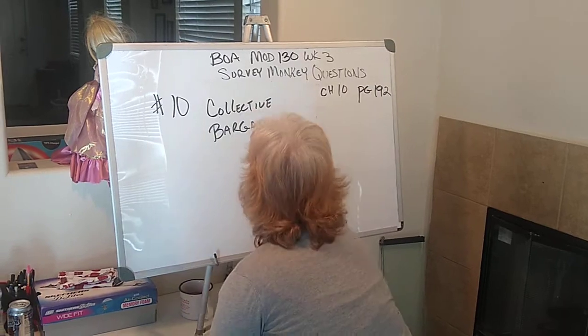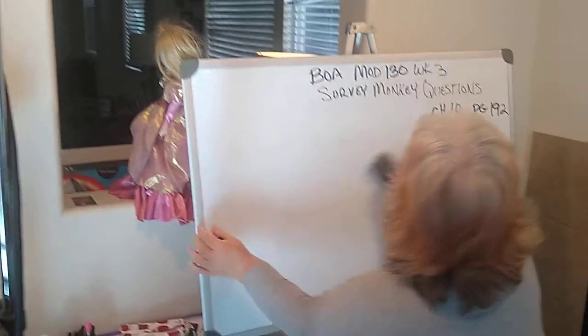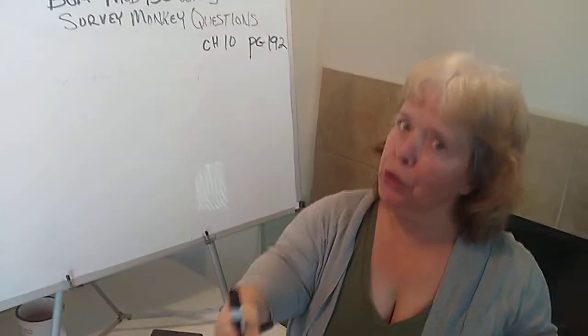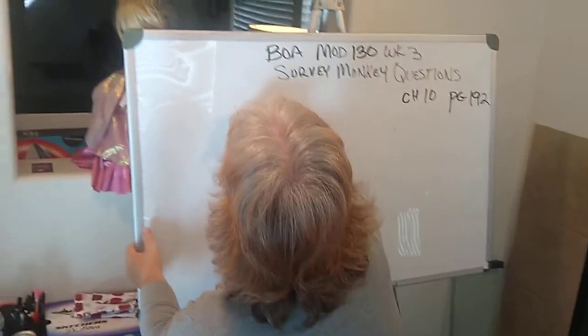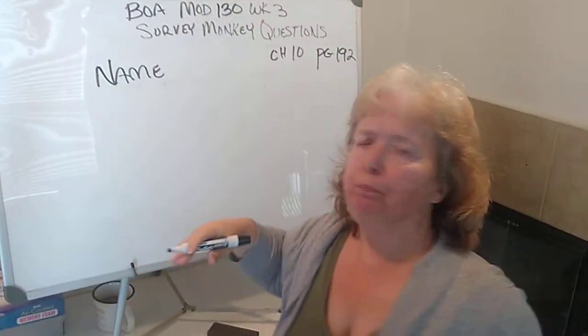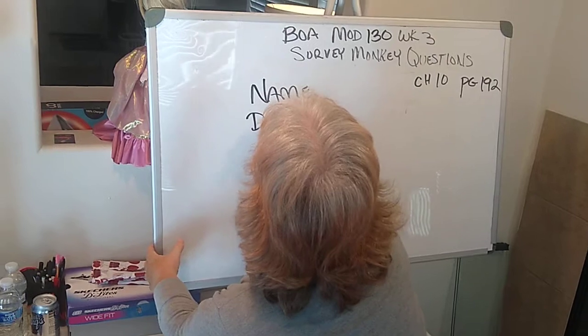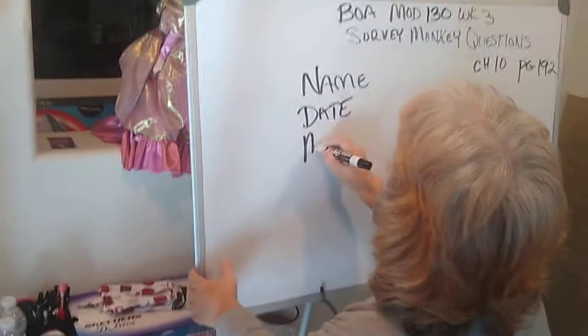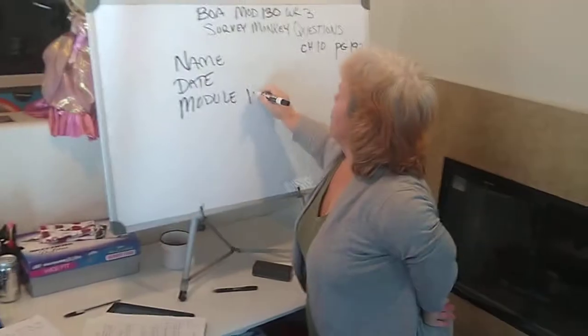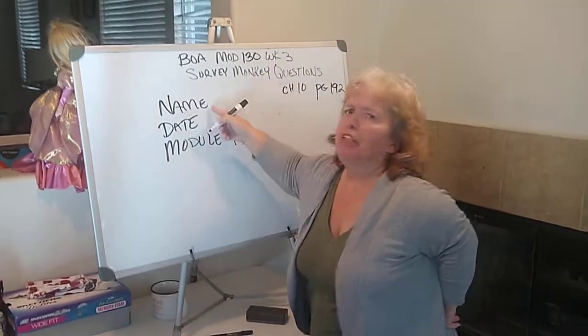Whenever you turn something in to me, even though you're turning it in by email and I know it's you, please put your name on it. And if it's 2 sheets, please put your name on both sheets. Your name, date, and the module. So for you guys, it's 1:30, whatever the date is, and your name.